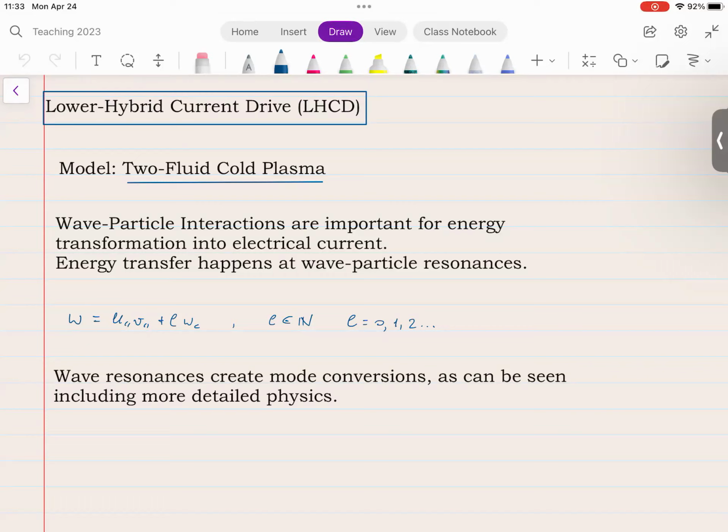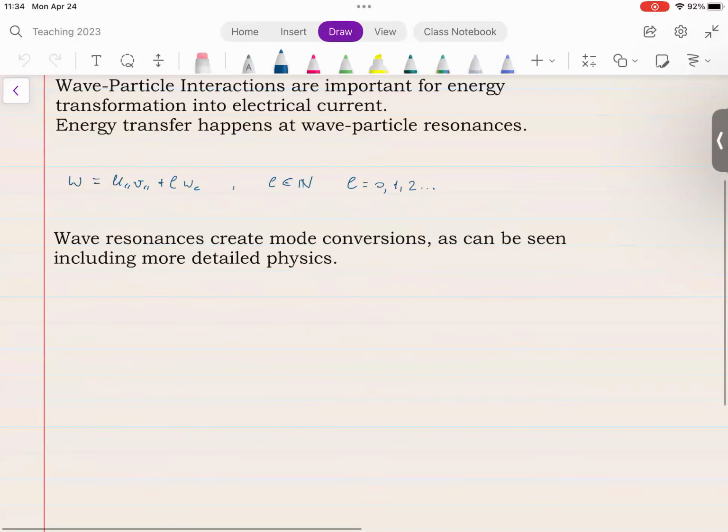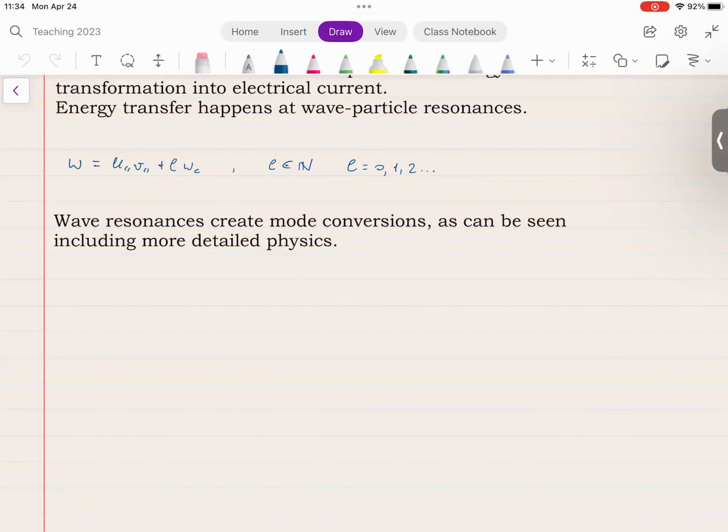Since we're in a three-dimensional system, it's most likely going to be a third-order equation for omega or n, and your variable may be n parallel or n perpendicular, with all the complications that can occur in looking at our dispersion relation. At resonances, the wave moves from one solution to another. That's what mode conversion is.